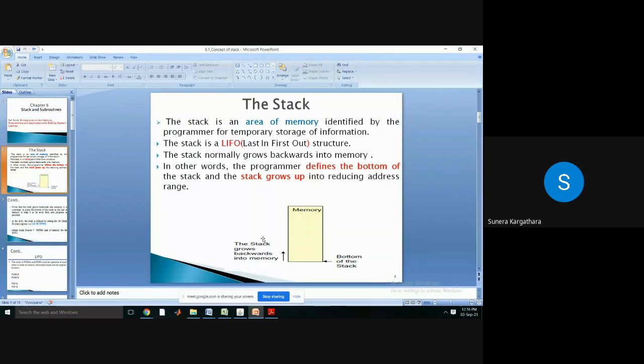So always the top of the stack is defined inside the stack pointer. Am I communicating, students? आप जो भी स्टैक पॉइंटर में एड्रेस स्टोर करोगे, that will be the address from where your stack will start. But how will the stack grow? From down to up, right?